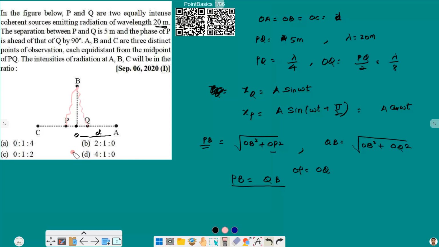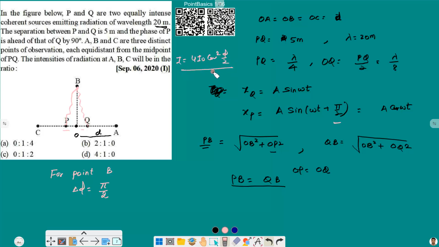And if it is going to stay as it is, then we can write that for point B, delta phi is going to be the same as it was originally, and originally they have a 90-degree phase gap. So delta phi is going to be pi by 2. Now we know the intensity relation, that I is equal to 4 I naught cos square of delta phi by 2.